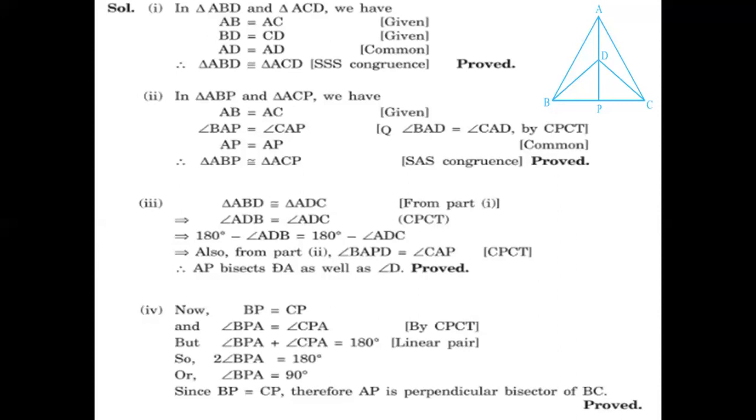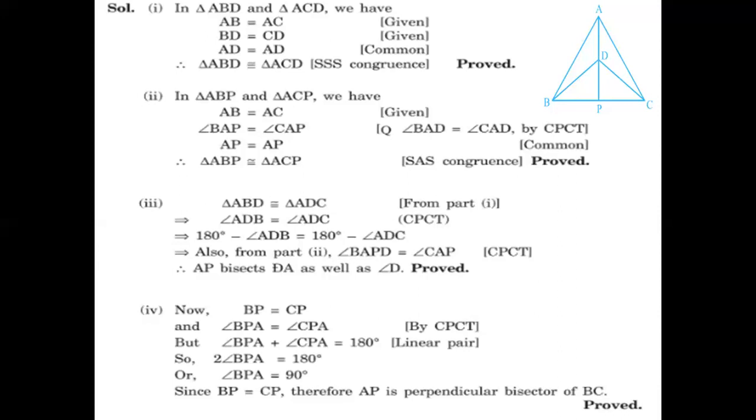The triangle ABP is congruent to triangle ACP. Let's do that. Let's consider triangle ABP and triangle ACP. Now, again, what is given is AB of triangle ABP is equal to AC of triangle ACP. And I can also say that angle BAP is equal to angle CAP.